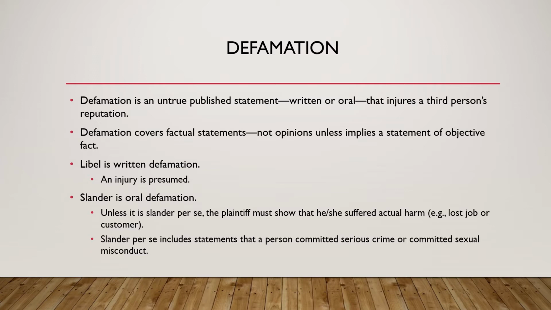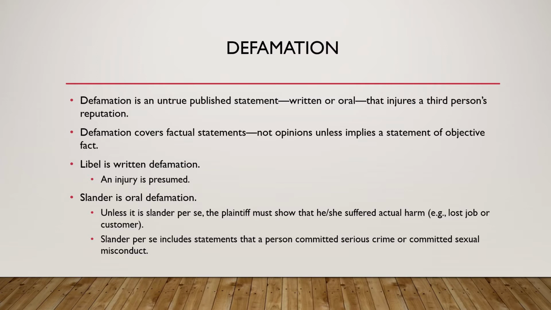You've probably heard the terms libel and slander, and that's just the breakdown for the type of defamation you're talking about. Libel is written defamation. If you sue a newspaper or a magazine, that's going to be for libel because that's written publication. That would be where a newspaper has printed a statement about you that is untrue and it causes injury to your reputation.